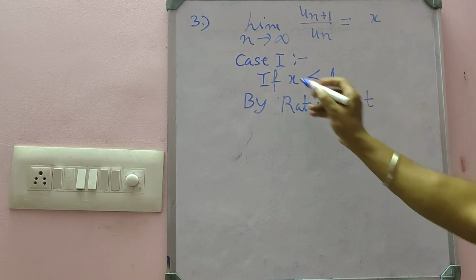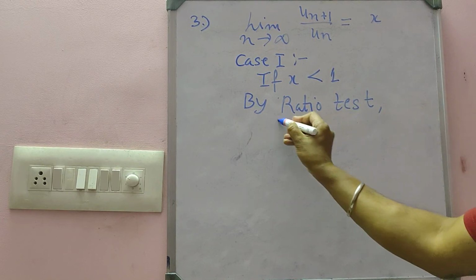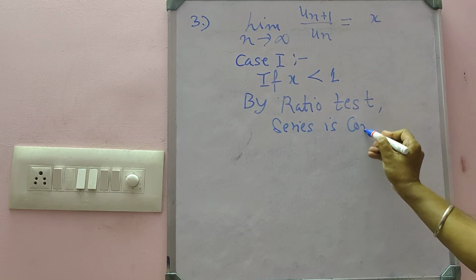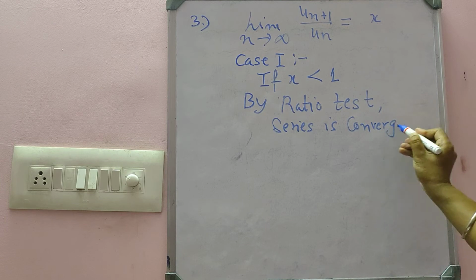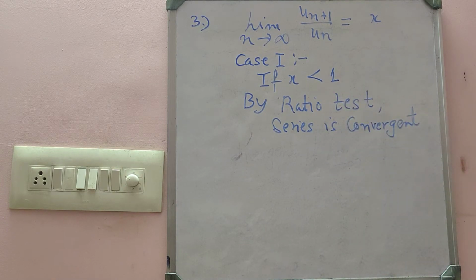By ratio test, if x less than 1, the series is convergent.